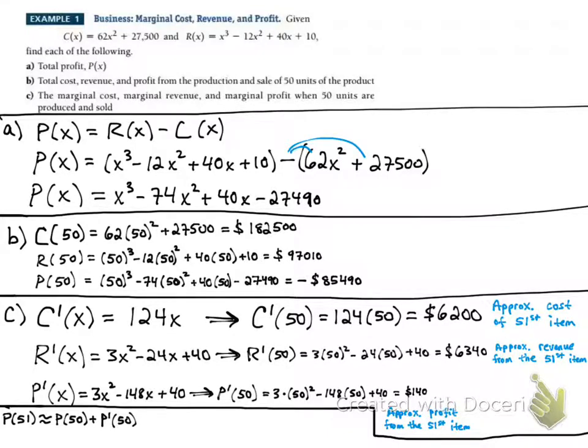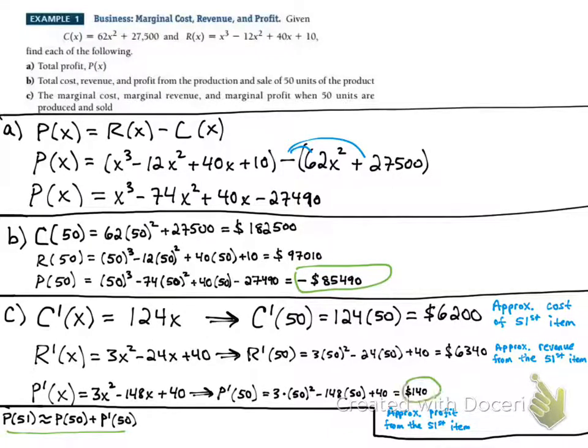Now, if you want to use the marginal to approximate the profit of selling 51 items, then we can use this formula. That will tell us the approximate profit from selling a total of 51 items. It's still going to be negative because when we sell 50 items, our profit was negative 85,000.